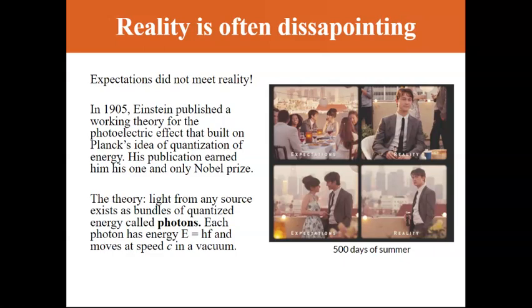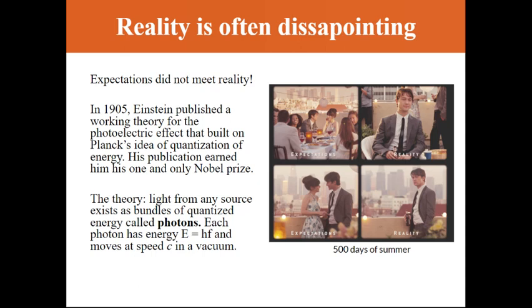It wasn't until 1905 when Einstein, working off Max Planck's work on black body radiation, kept developing that idea. He was able to publish a paper that explained the photoelectric effect. This was actually the only theory he had which earned him a Nobel Prize.